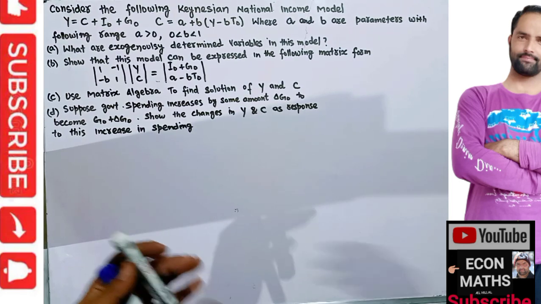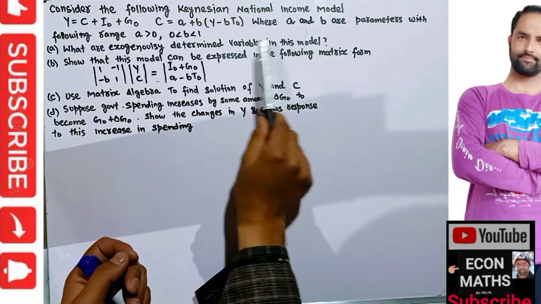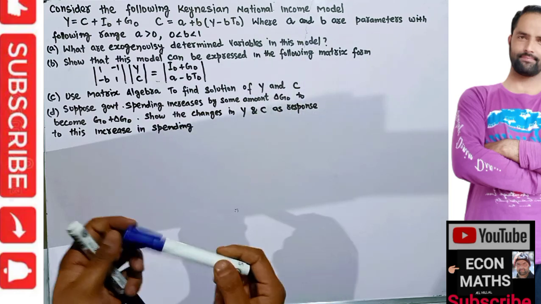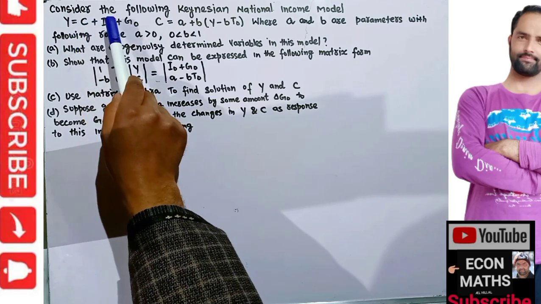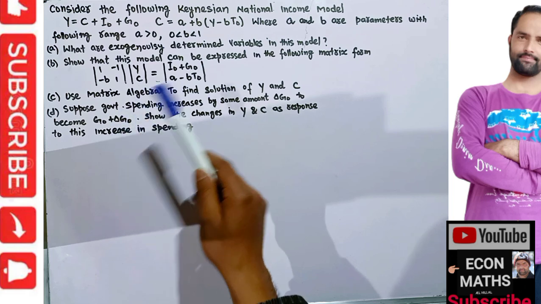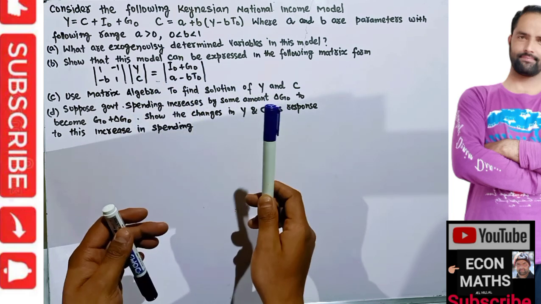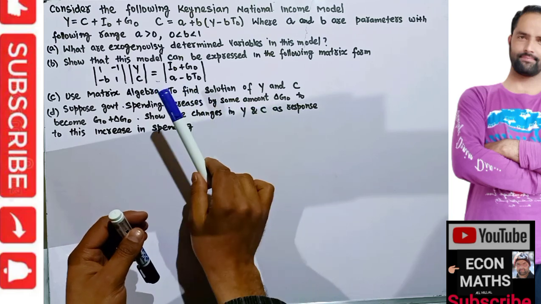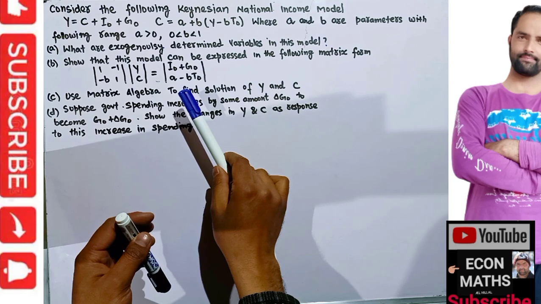First, we are being told to identify the exogenously determined variables in this model. Exogenous variables are those variables whose value is determined by forces outside the model.